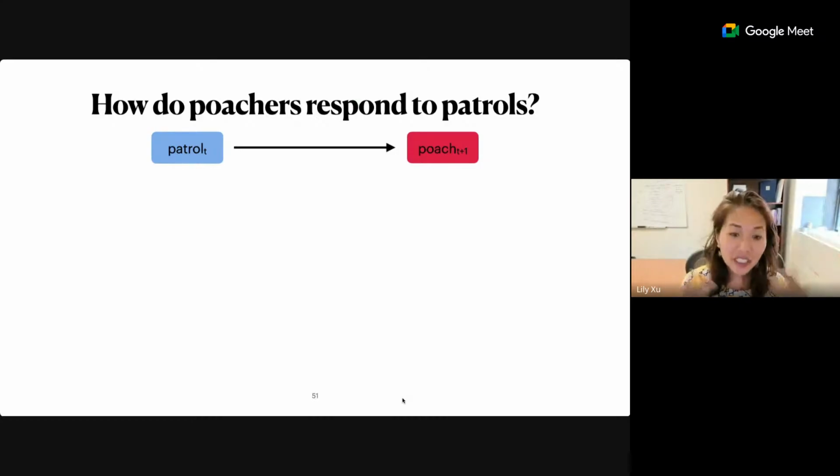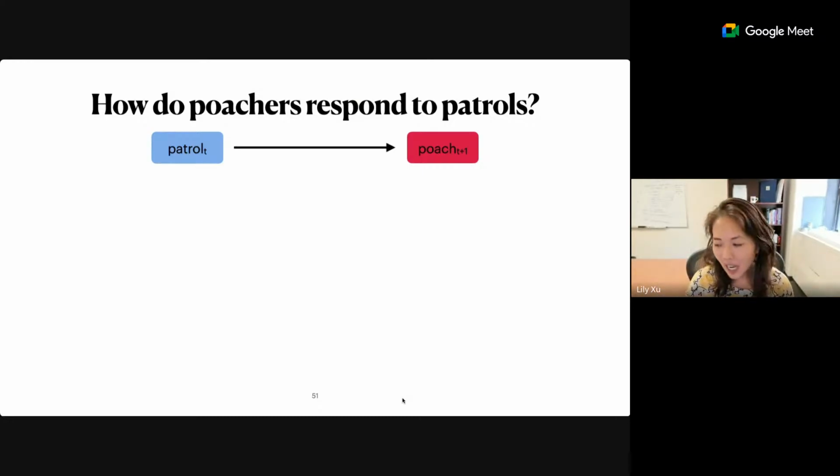But we were really interested in understanding this question more broadly, especially because it's an open question within conservation. Some people think that deterrence is the main driver of ranger efficacy. So aside from the direct impact of physically removing a snare, we have the indirect effect of discouraging them from coming back in the future, and that deterrence is so much more prevalent.